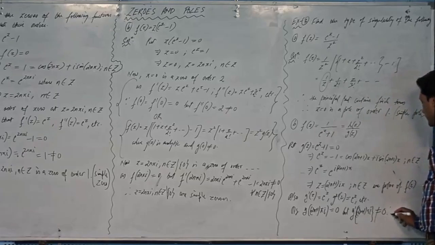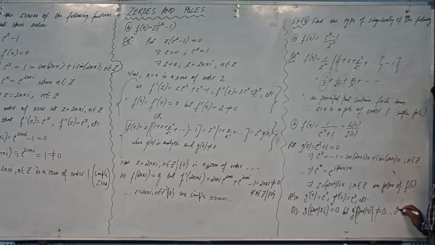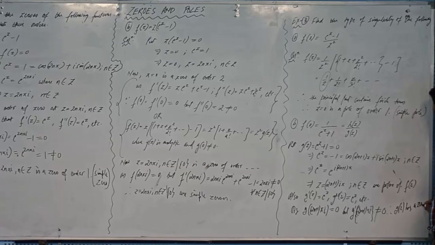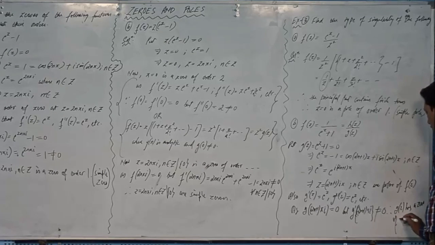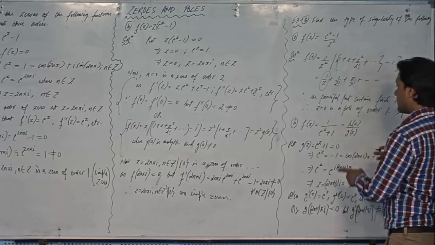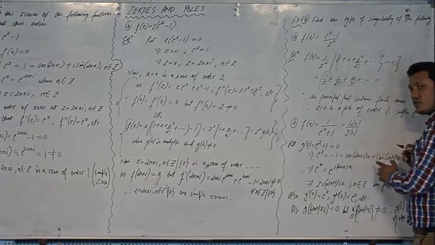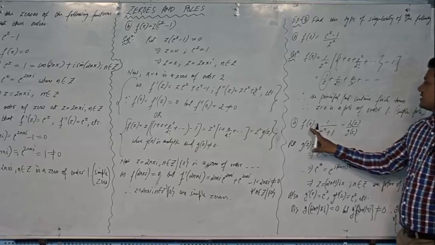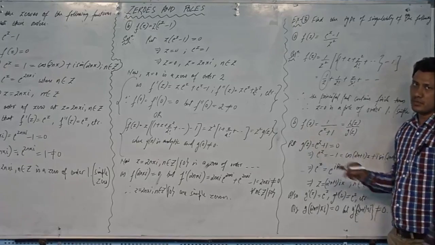Therefore you can say that g(z) has a zero of order 1, because the first derivative is non-vanishing. And if we say that this denominator function g(z) has a zero of order 1, it automatically implies that f(z) has a simple pole, right?